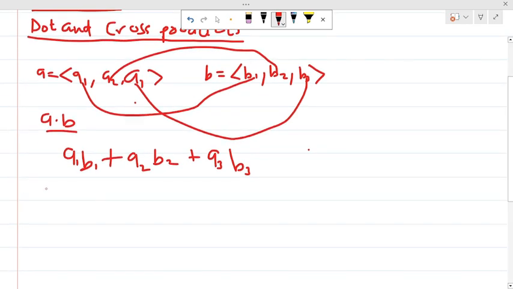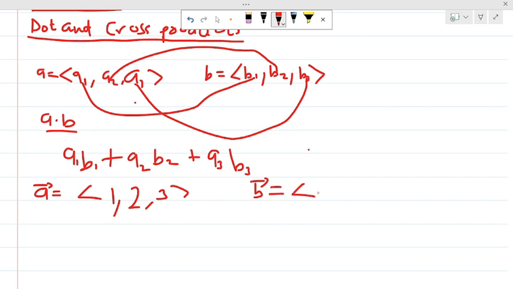Now let's take an example. So A is equal to 1, 2, 3. Then B is a vector which is equal to, now pardon me if I don't bring the arrows, I still mean vectors. You will have to bring the arrows when you are writing for vectors.